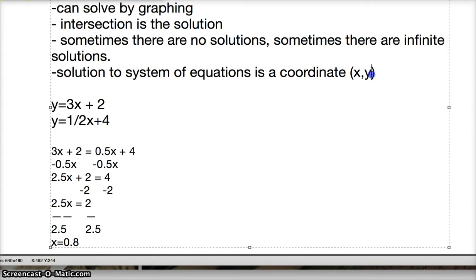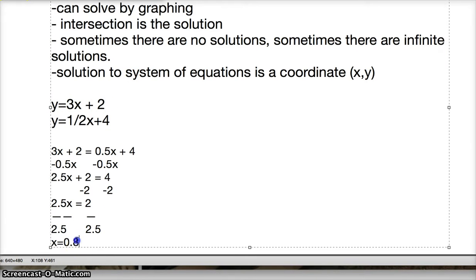Okay, so again, I found what x equals, but remember that the solution is a coordinate. It's an x and a y. Right now, I only have the x. So I have to take this x and somehow find a y. Well, up here in my original problem, they tell me that y equals 3 times x plus 2.